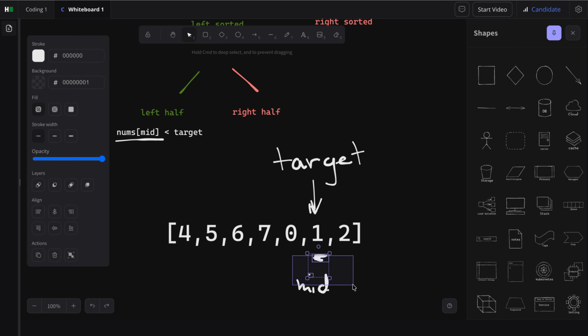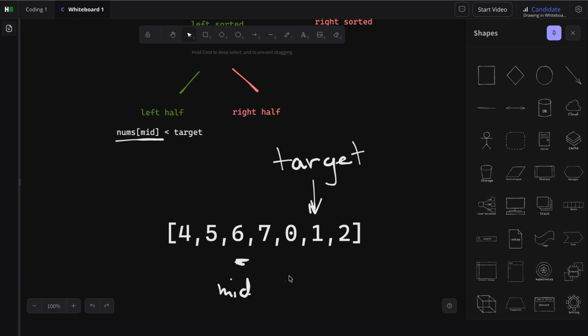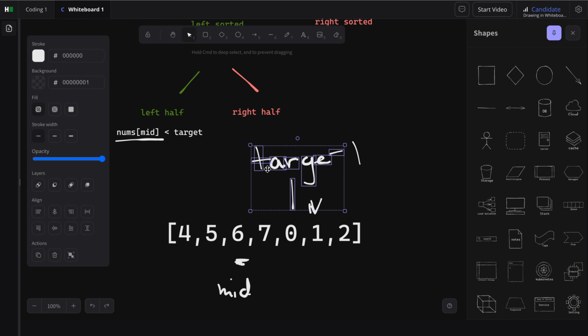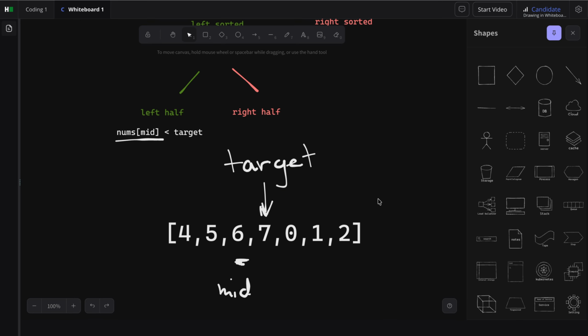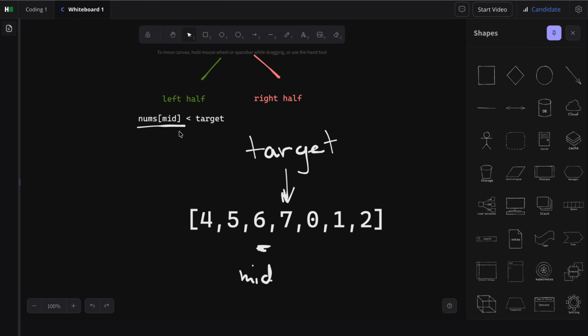Nums_mid, so it was 6 before, and our target, if it's 7, then that's okay, we can just go to the right, that's fine.